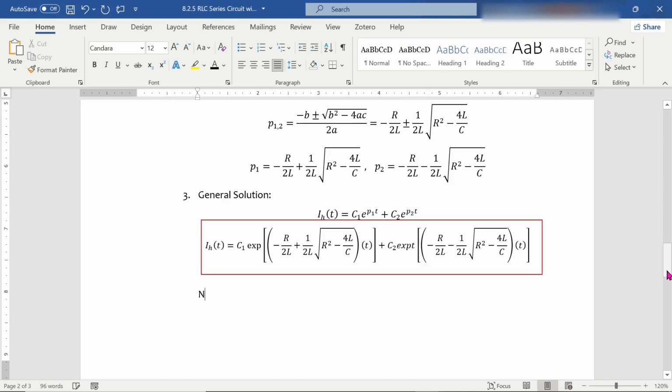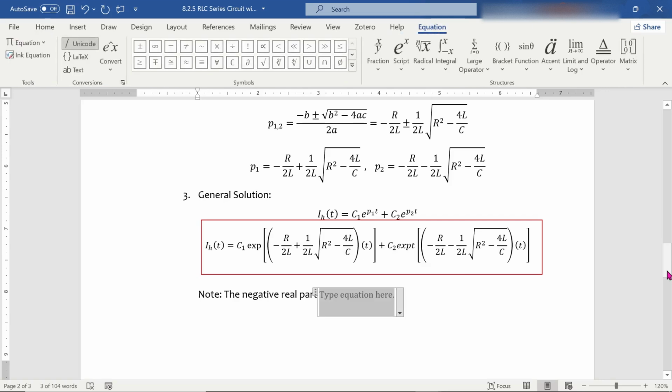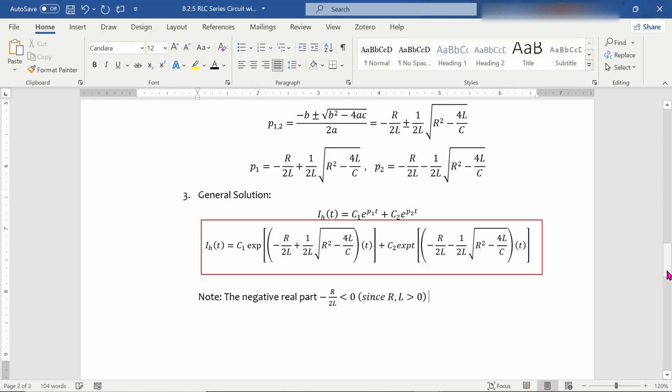But anyway, we can notice that in this equation, the roots are all real, so we have a negative real part, negative R over 2L, that's less than 0. Since our resistance and inductance are greater than 0, this ensures we have exponential decay.